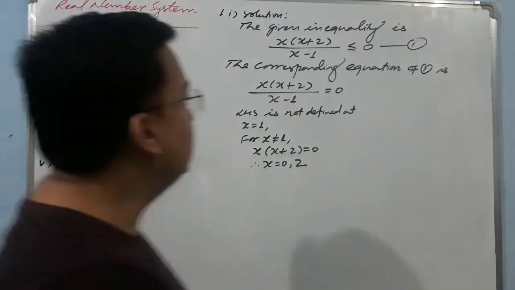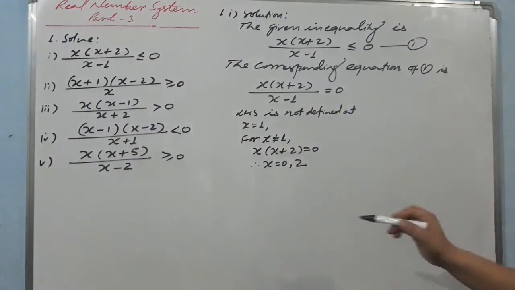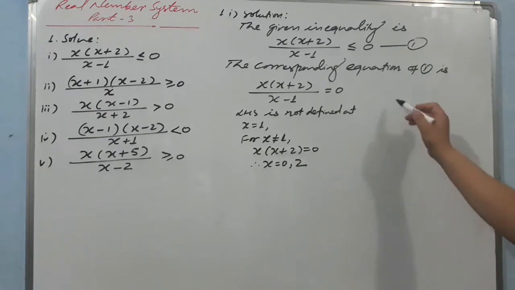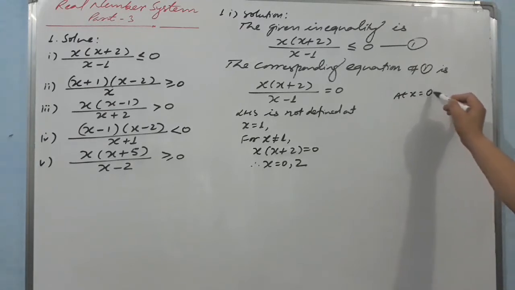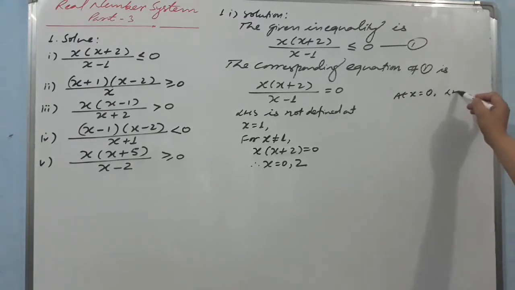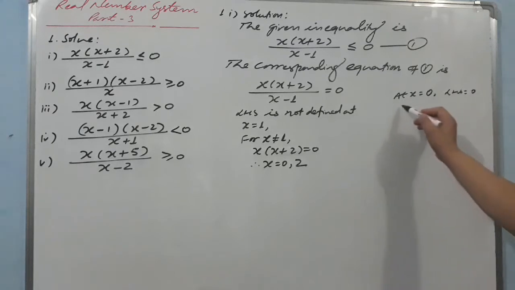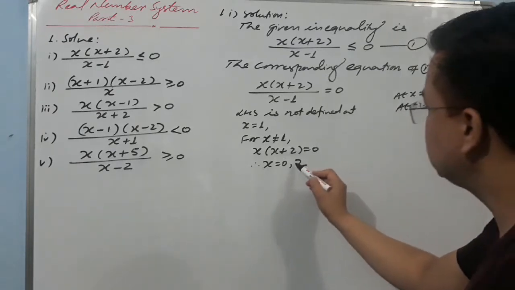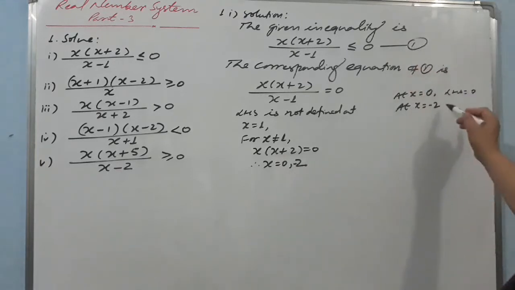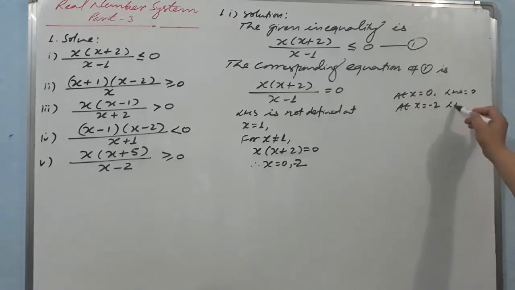Here now see your left hand side. Again I am elaborating this one. At x is equal to 0, you will get left hand side is equal to 0, right? At x is equal to negative 2, left hand side also is equal to 0.